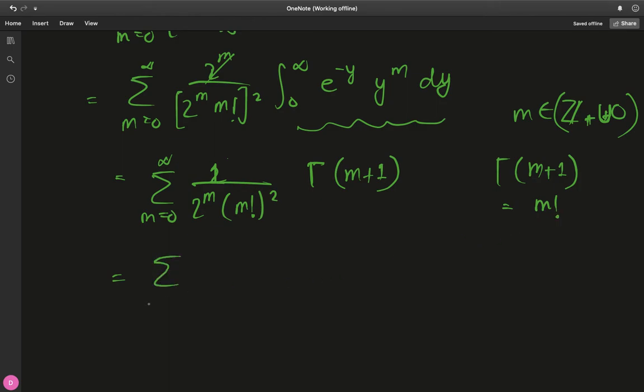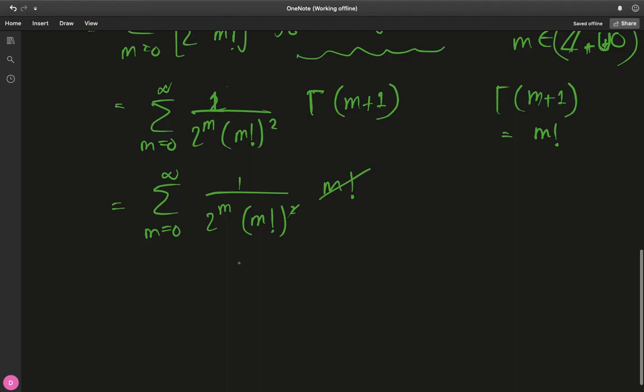So if we use that, we have the sum from m equals 0 to infinity of 1 over 2 to the m times m factorial squared and m factorial. So one of these will again cancel off. We have the sum from m equals 0 to infinity of 1 over 2 to the m times m factorial, just 1 m factorial now.